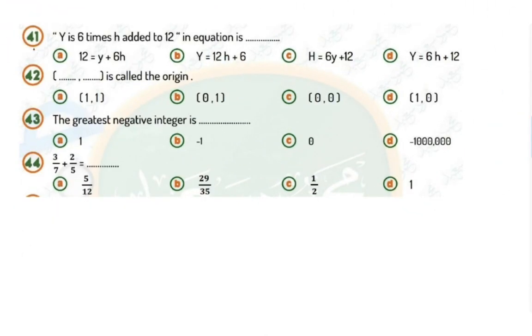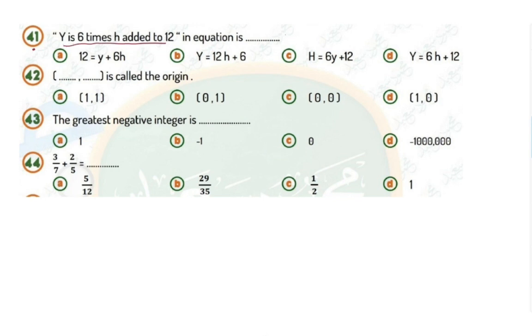Let's get started. The first question of choose, point 41. Y equals 6 times h added to 12, in equation is. So we have a verbal phrase, and we need to turn it into an equation.